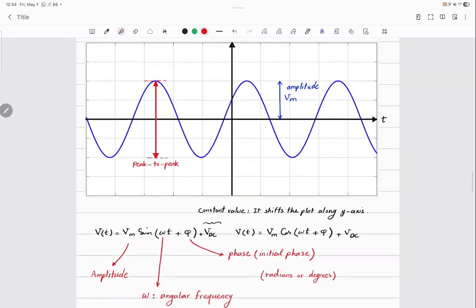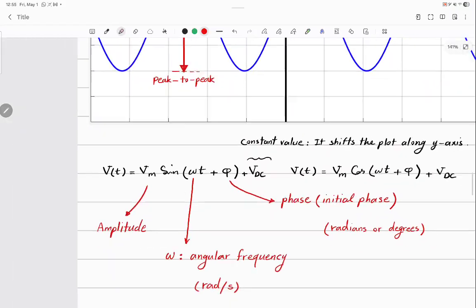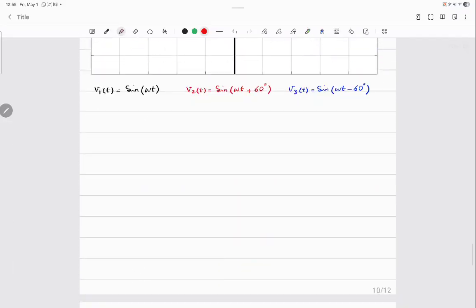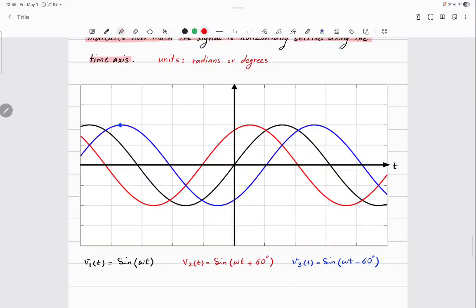Because if you look at the total angle, by total angle I mean whatever is inside the parentheses of sine, and set time to 0, what is left? Phi, okay? So that's the starting angle at t equals 0. The units of phi are radians or degrees, because that's an angle, right? Because it's inside the parentheses of sine, it should be an angle.